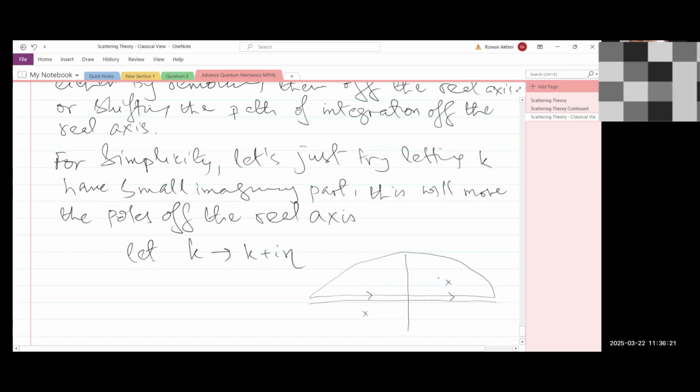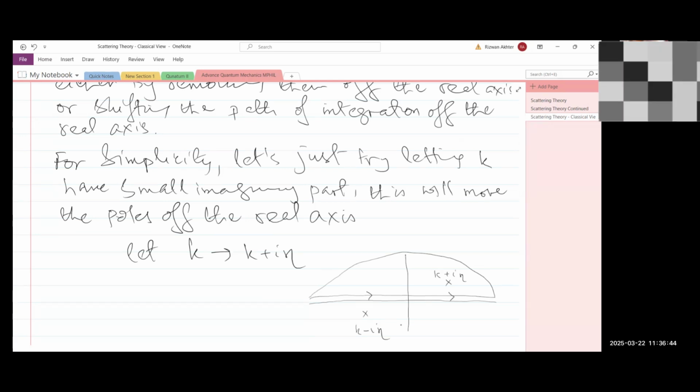So this is k plus iota eta, or this is k minus iota eta. So we are moving the poles up or down such that basically we are avoiding the direct impact of the poles, and the direct impact of the pole would be a singularity. Yeah. और आखिर में फिर हम इस ईटा को वुड बी टेंडिंग टुवर्ड्स जीरो.